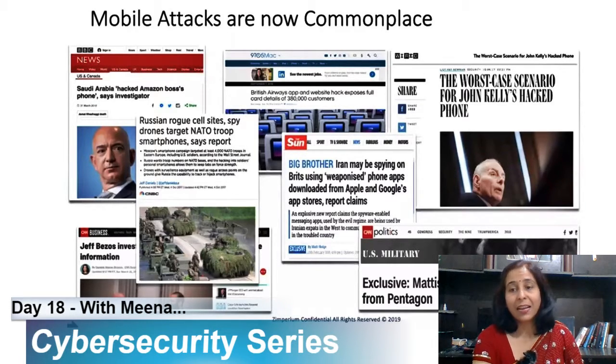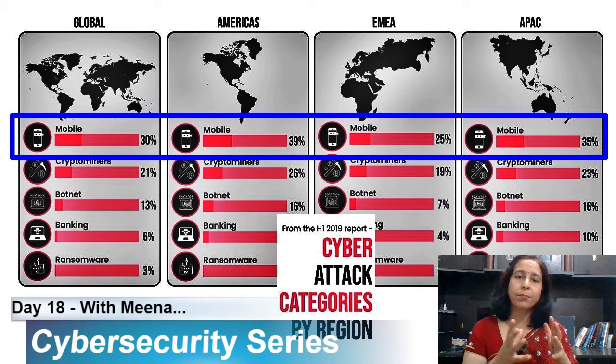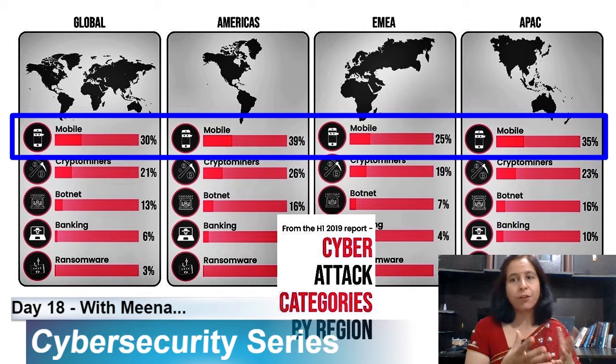Clear? If we see the data, 30% of attacks globally are happening due to mobile, and America is the attackers' favorite place to attack mobile. 39% of these attacks happen in America, and Asia Pacific is not far behind, with 35% of attacks happening via mobile.